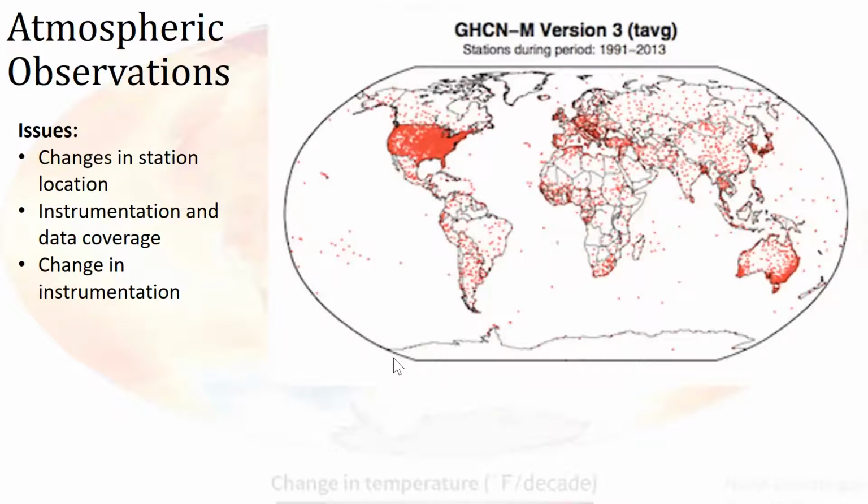And you can see there's some serious bias in the instrumentation data coverage. In the US, we have a ton. We like our weather. We are fascinated by it. We want to know everything. It's not just good enough to have one in Ashland. You go to Weather Underground and we've got like 40, because people are just fascinated, right? Not to say that all those little cheapo ones that report to Weather Underground are actually used in this analysis, but it's indicative of just how interested we are.